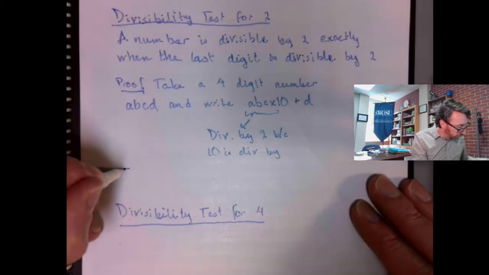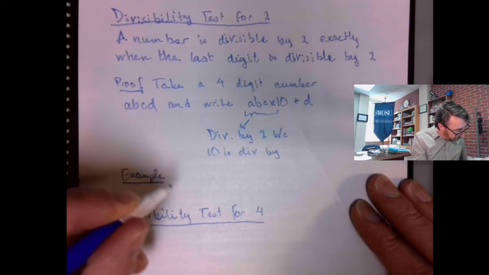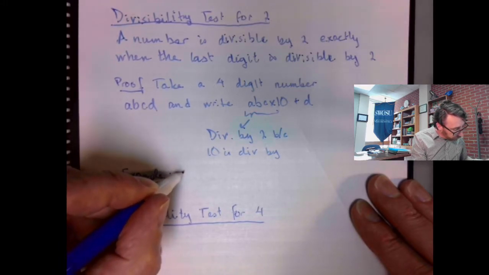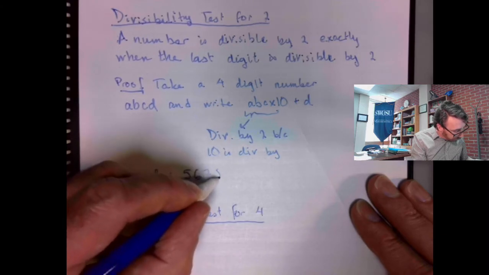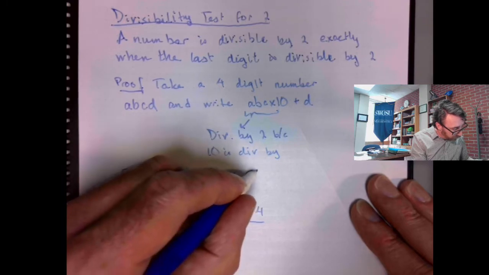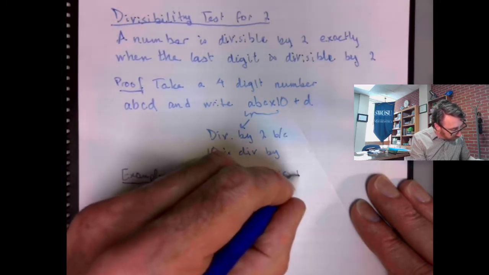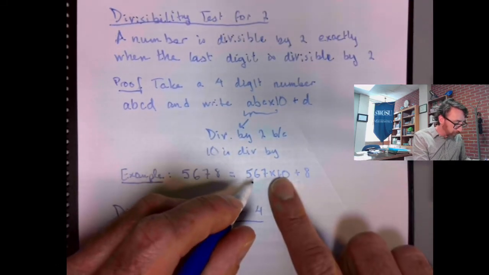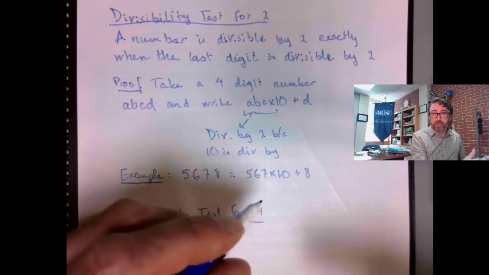If we do a concrete example here, 5,678, we break it up as 567 times 10 plus 8. Divisible by 2 because of the 10, and 8 is divisible by 2, so the sum is divisible by 2.